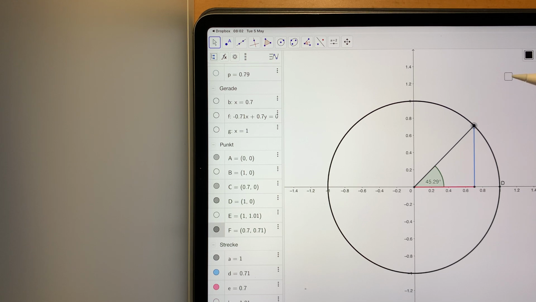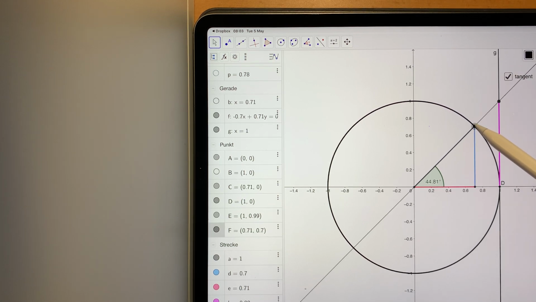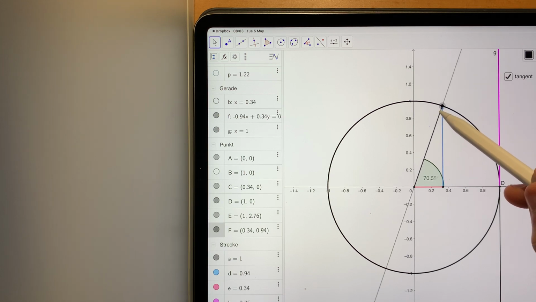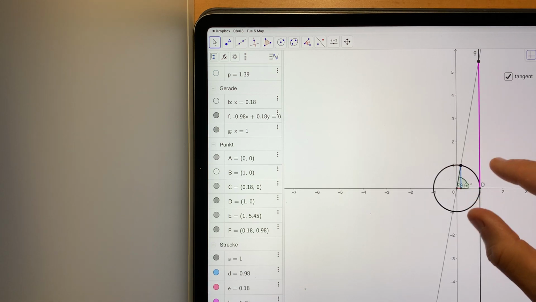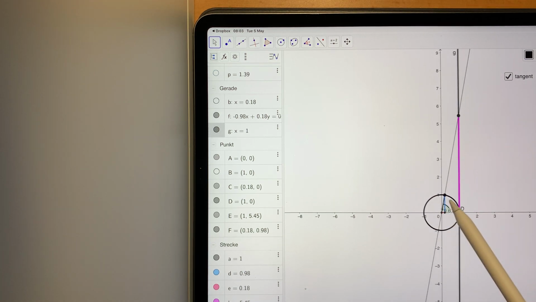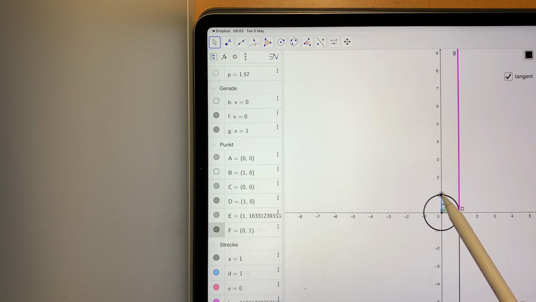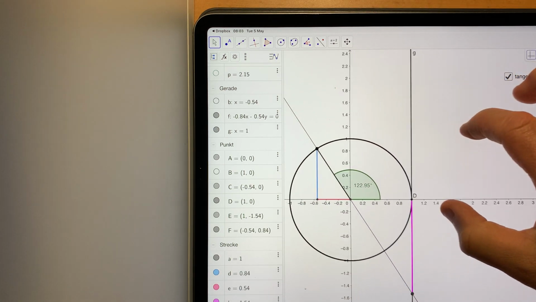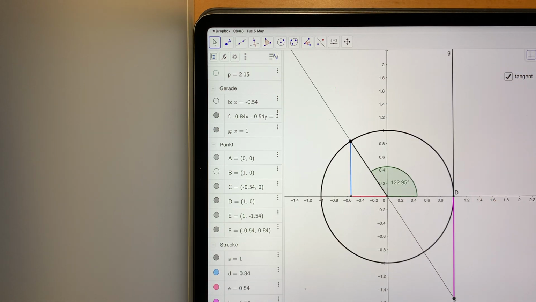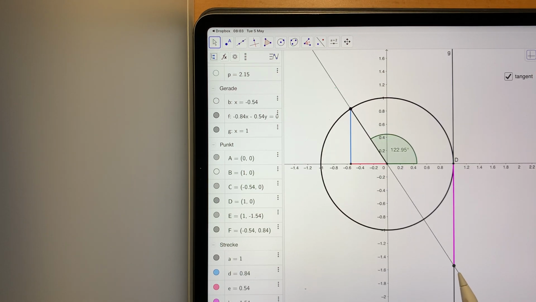Same thing for tangent. Look, when you switch on the tangent, you can go on. But what happens to the tangent? Look, when you zoom out, the point of intersection will be very high up. At 90 degrees, it does not exist because this will be a parallel line. But then, when you go over the 90-degree threshold, your tangent is now down here.